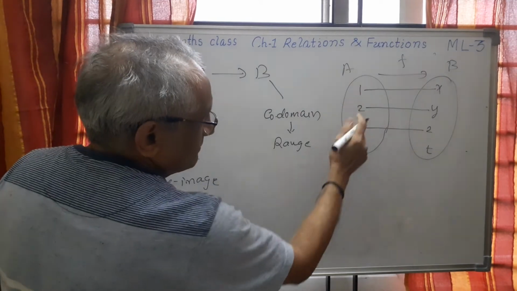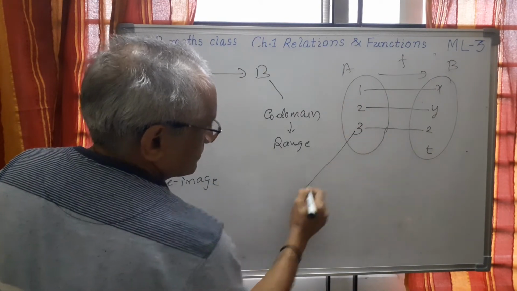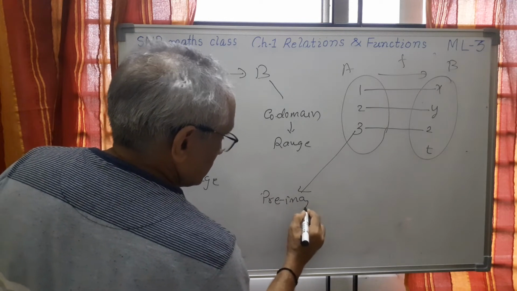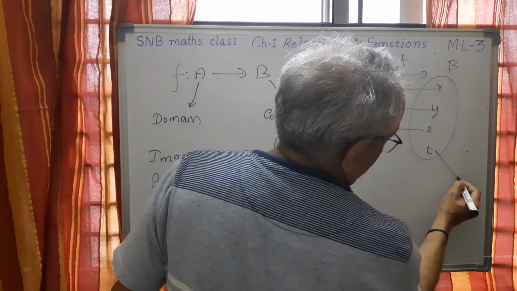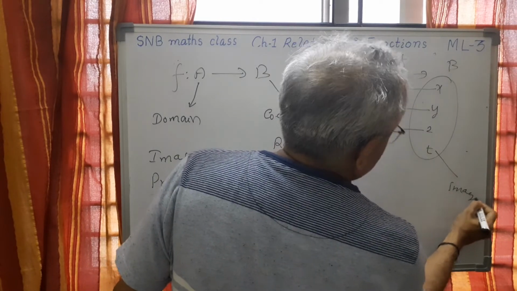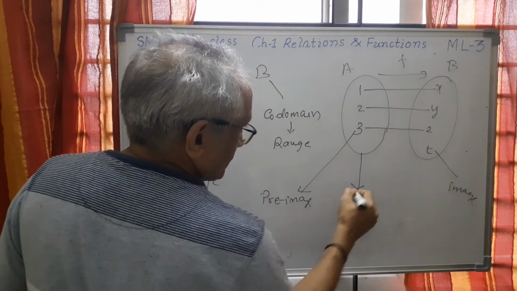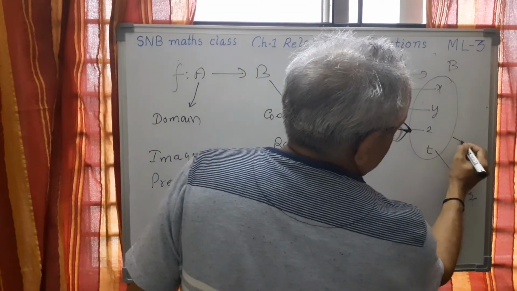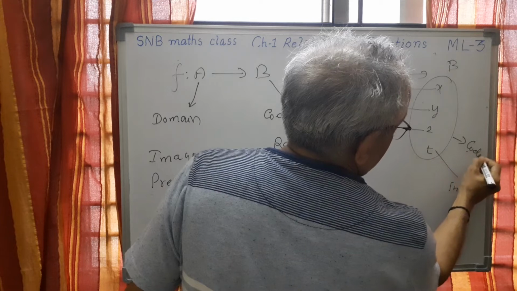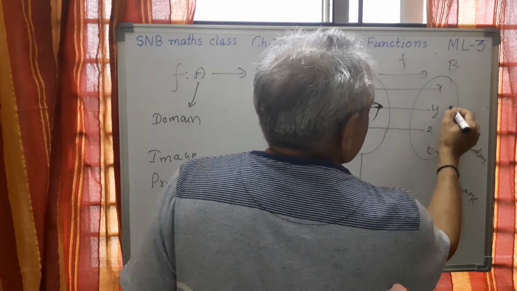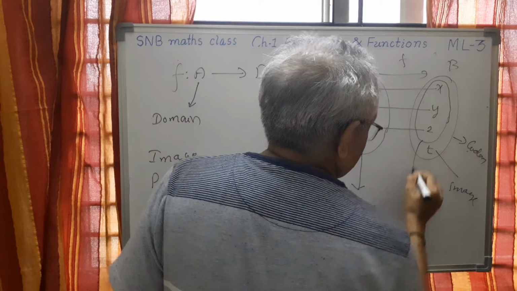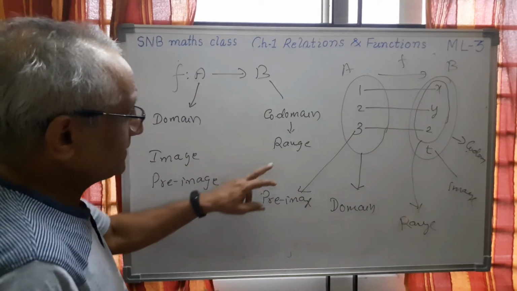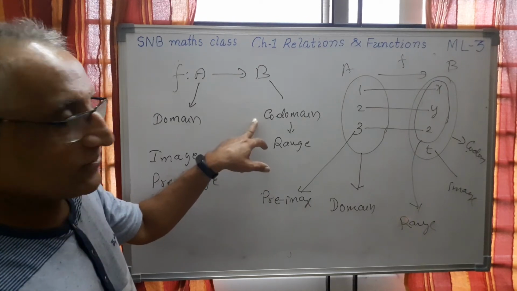Then these elements are called pre-image, and these elements are called image, and this set is called domain, and this set is codomain, and the subset, this is range. So range is actually a subset of codomain.